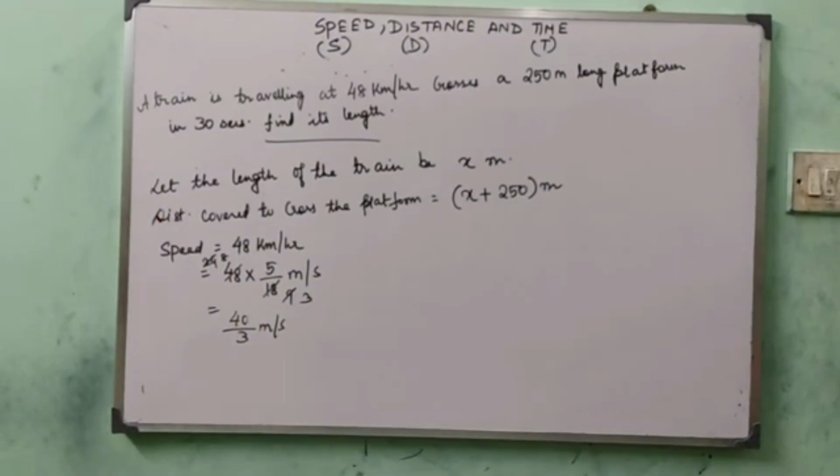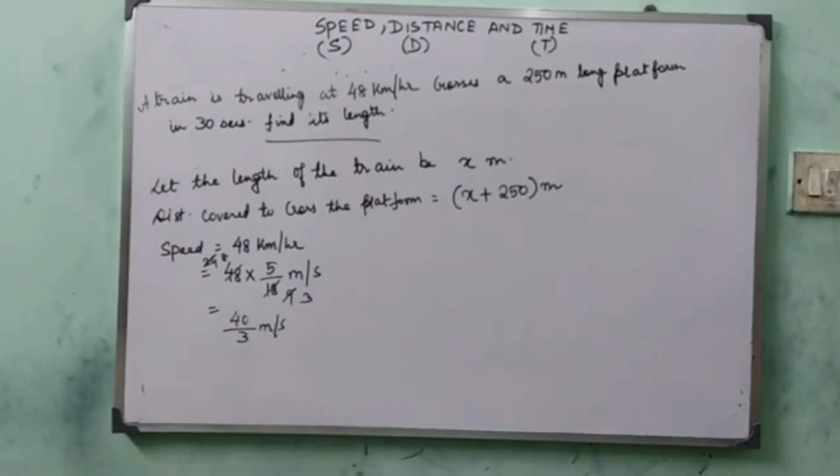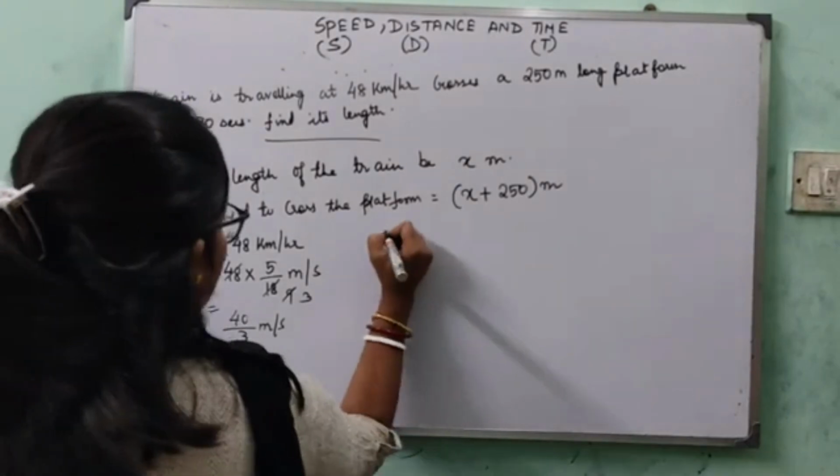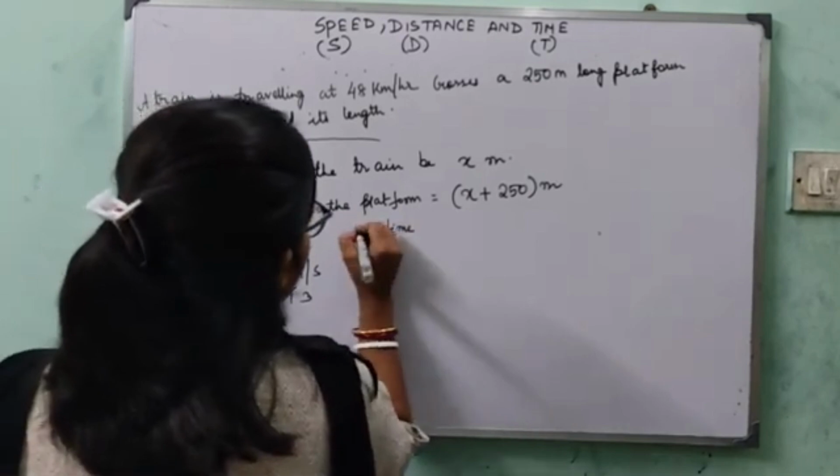Okay, 6 8s are, yes, 8 5s are 40 by 3 meter per second. Now, what is the time taken?